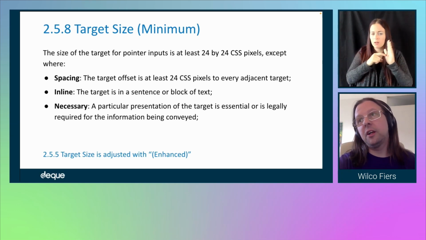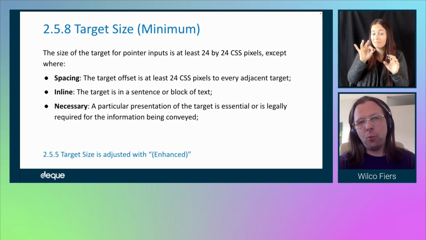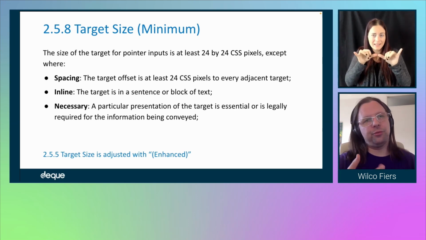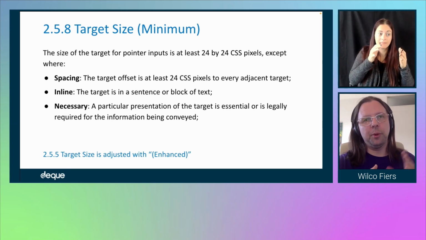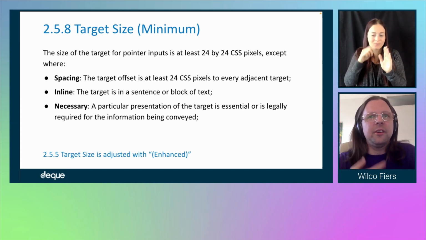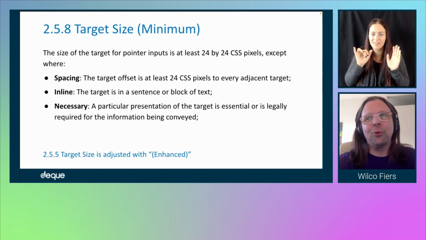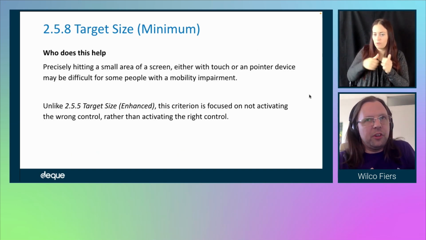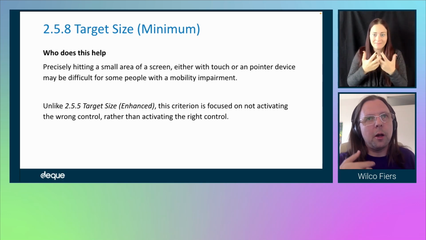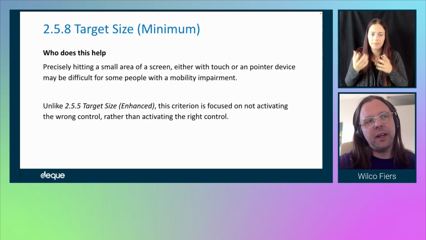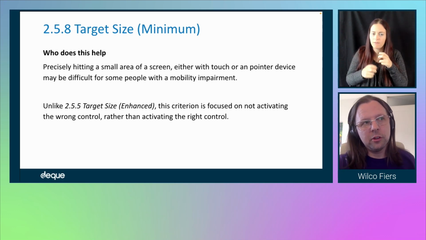For example, if you have a map where the target size is the size of a village or a town, it's determined by the real size of the village or town, that's a reasonable exception for that. This is, again, particularly useful for people with mobility impairments who may have difficulties hitting small targets.